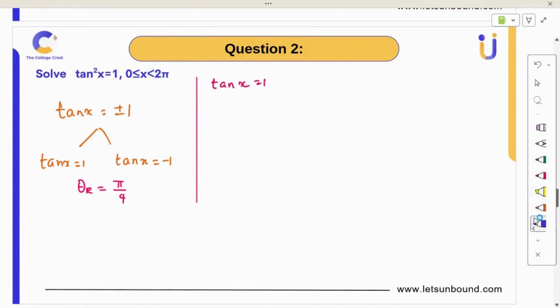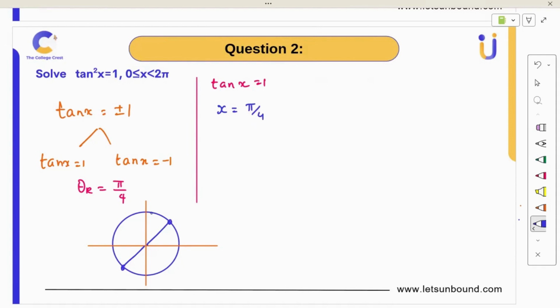Tan will be positive in the first quadrant, and also in the third quadrant. We know in this quadrant it's positive, also in this quadrant it's positive, right?